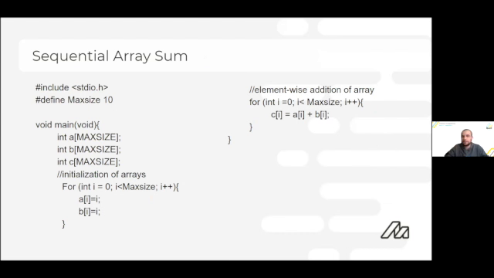Here we can see the simple C implementation of the array sum. It's a two-column slide, so read it in this fashion. We are going to include the standard IO library, and we are going to define a parameter as the max size of the array.